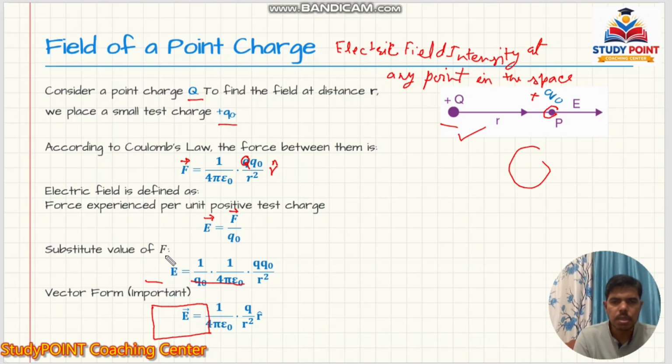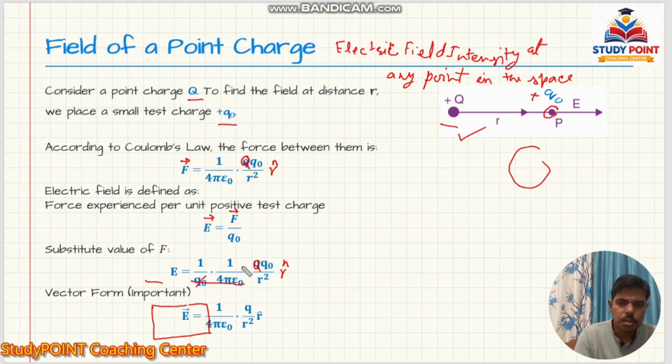Now, substituting the value of F into this formula, we get 1 upon q naught multiplied by 1 upon 4 pi epsilon naught, q q naught upon r square, r cap.